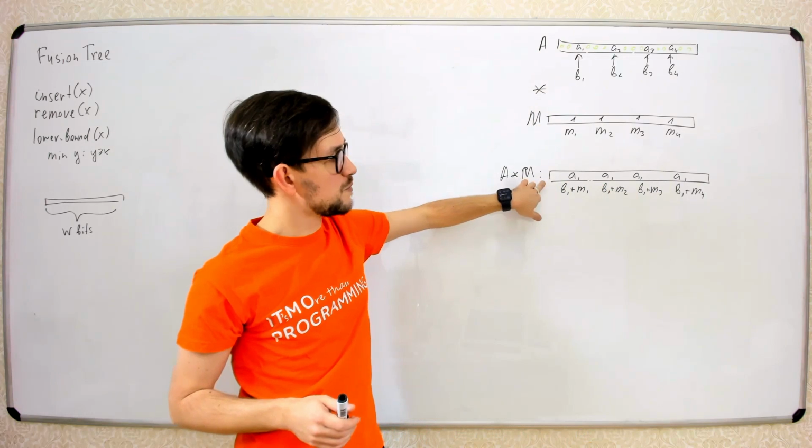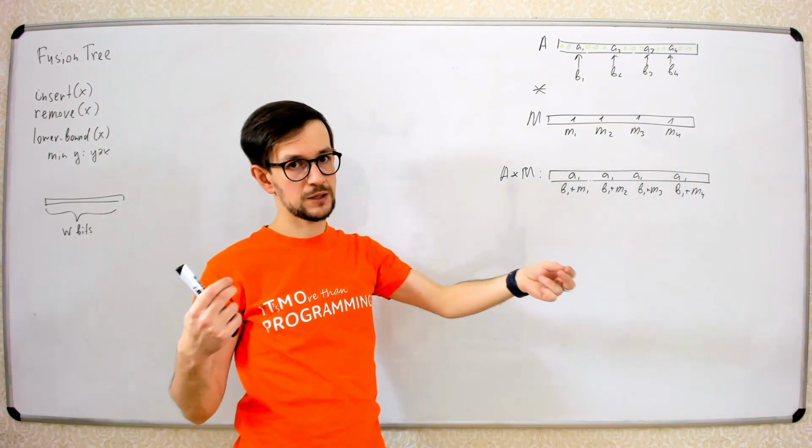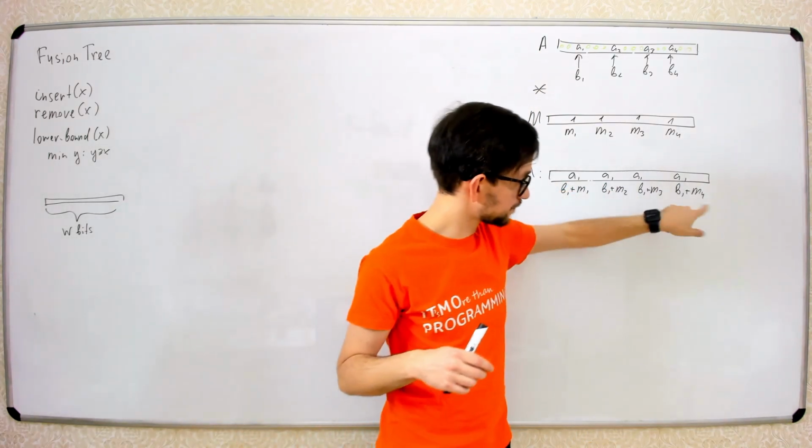So for each bit, I will have B copies of this bit in these positions, if I have B bits.